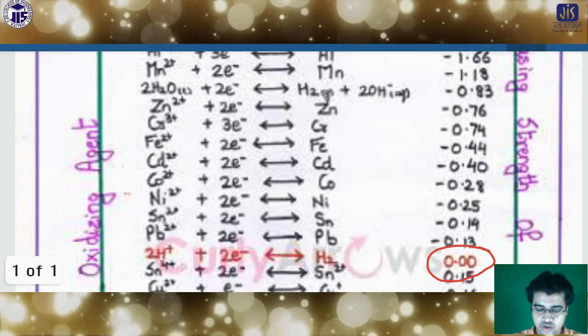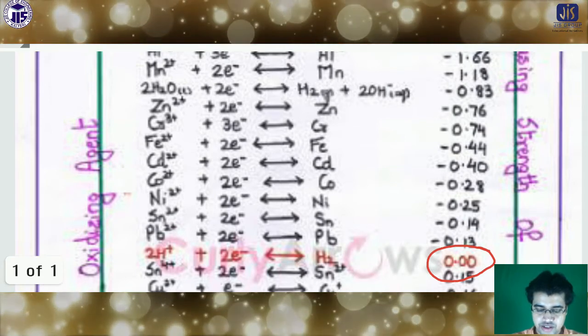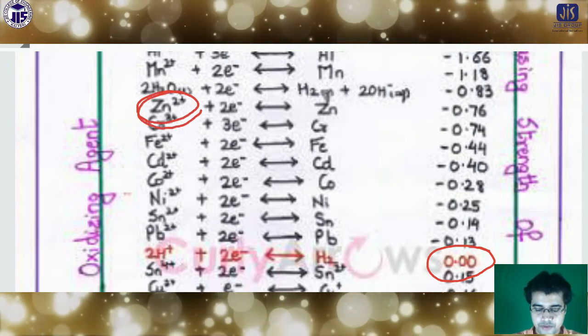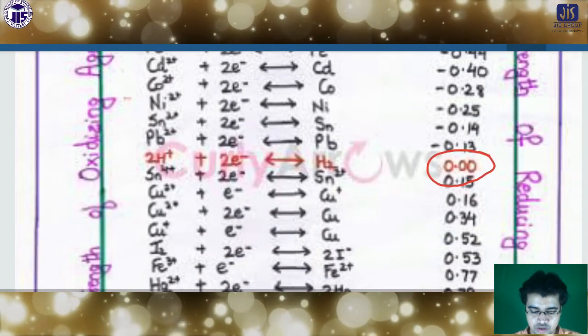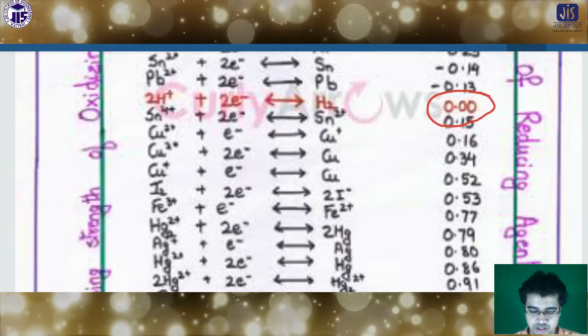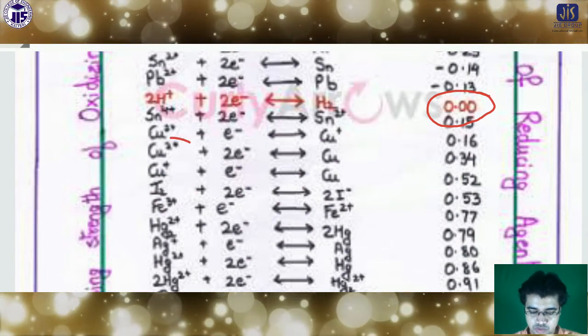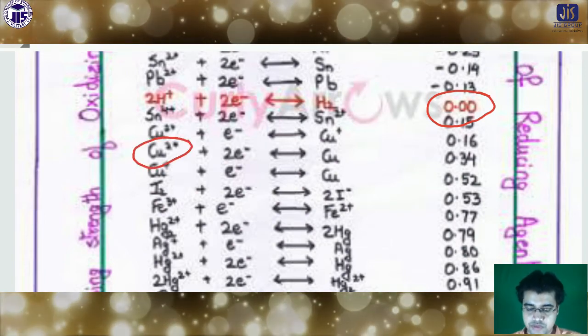So here is the zinc, zinc 2 plus. And another is the copper, copper 2 plus, so copper 2 plus plus 2e.